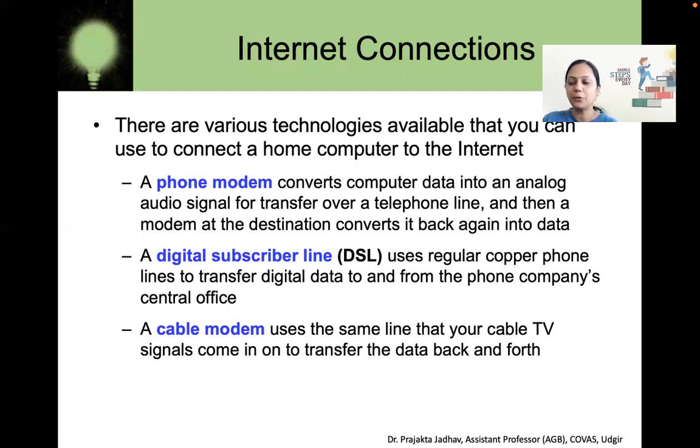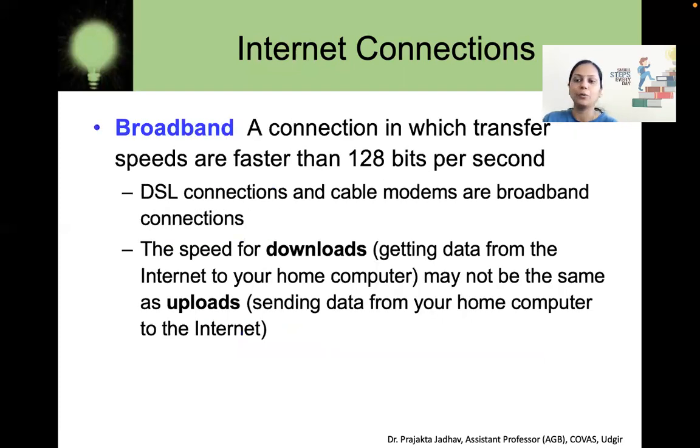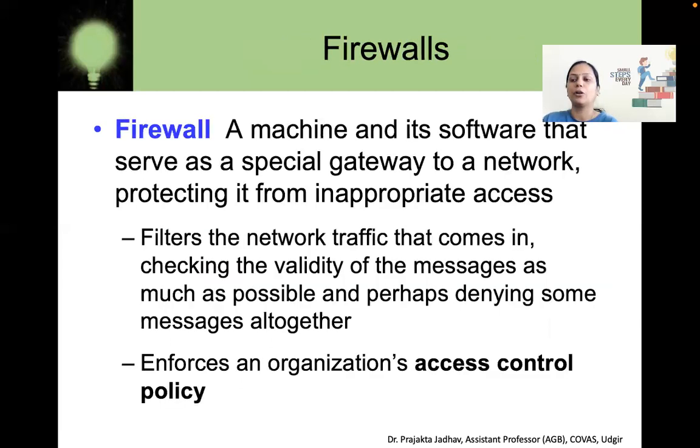And for a cable modem, your TV cable is used for transferring the data. Both of them are called broadbands. When a wired connection is used, the speed is always faster than 128 bits, which is much larger than our phone transfer of data. Your phone transfer of data is smaller than what we get with the help of a broadband.